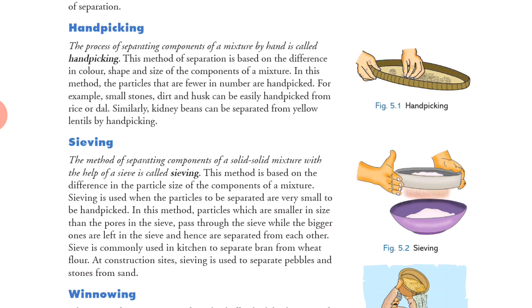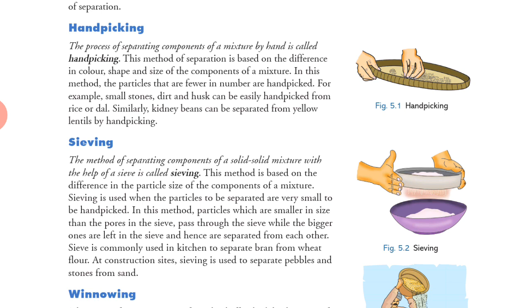Sieving is used when the particles to be separated are too small to be handpicked. In this method, particles which are smaller than the pores in the sieve pass through the sieve, while the bigger ones are left in the sieve and hence separated from each other.